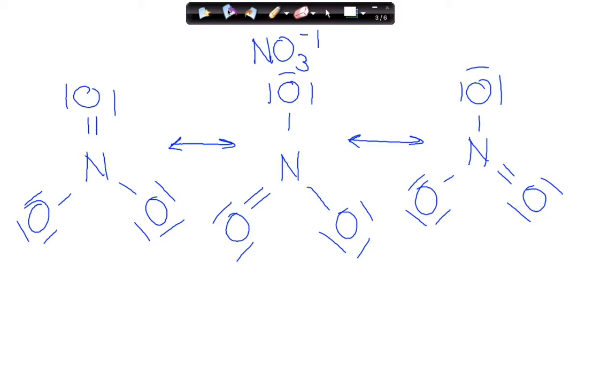Guys, what do you know about nitrate from the summer and the very beginning of the year? All nitrates dissolve in water. You want to know why? Because nitrate is a resonance stabilized molecule. When nitrate dissolves into water, it resonates. It doesn't when it's bonded to a positive ion.